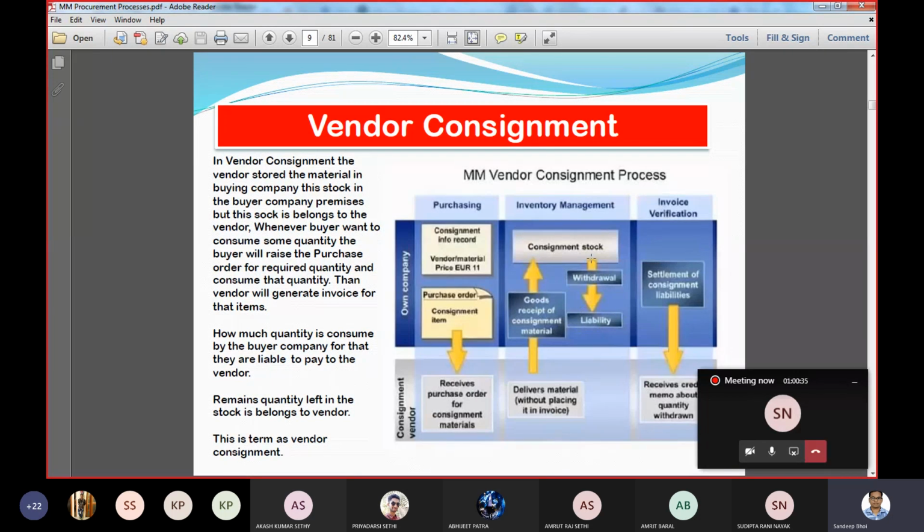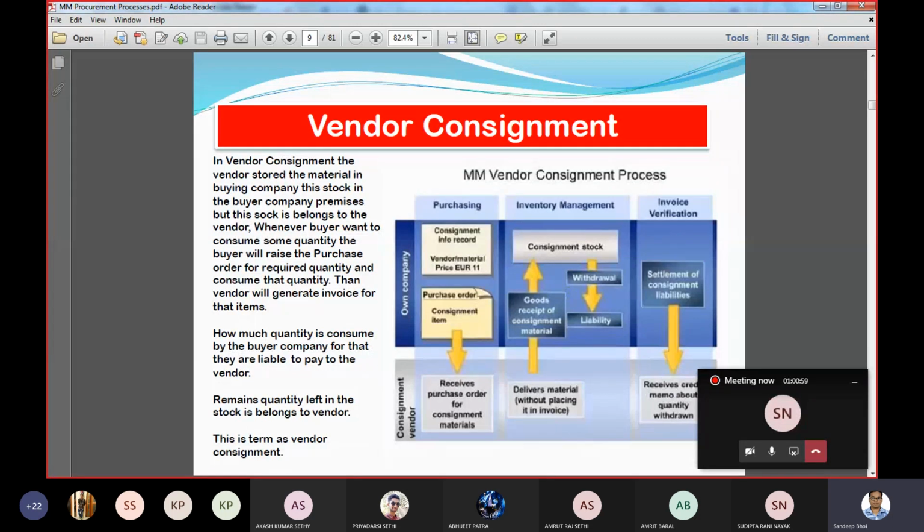That is called the liability. Suppose you have used 80 units and you are paying the vendor for only 50 units. The vendor will think that another 50 units are there, but actually you have consumed 80 units and the rest 20 units are in the consignment stock.